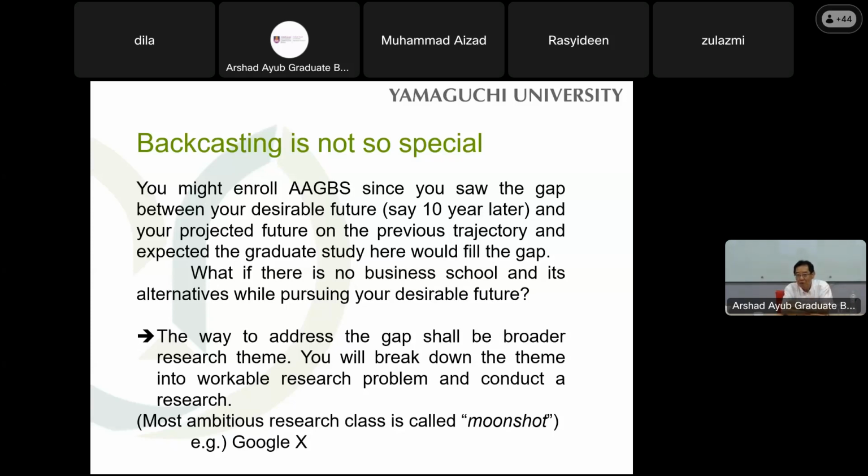But you have to decide. And if you want to fill the gap that you identified in 2 years, you have to be really innovative. This is the way to think in the backcasting approach and to be really innovative.